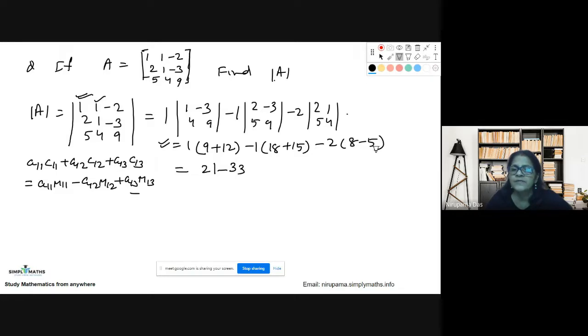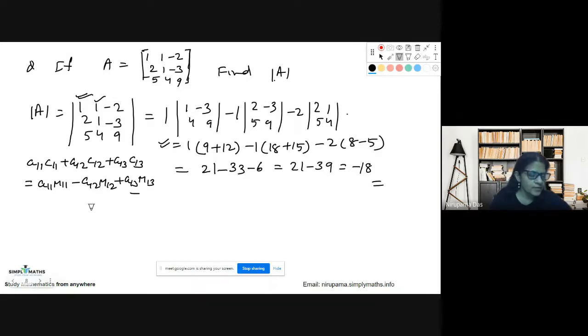Then 8 minus 5, 3, so you are getting minus 6 here. So you are getting 21 minus 39, means you are getting minus 18. Okay, this is the value of the determinant.